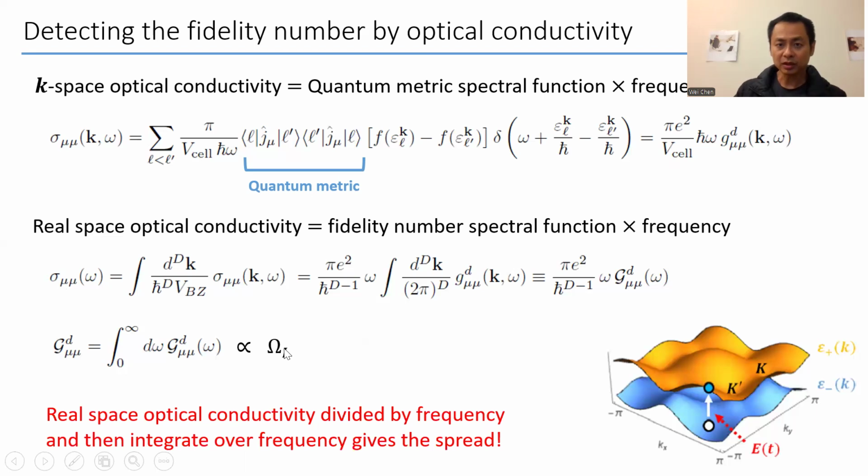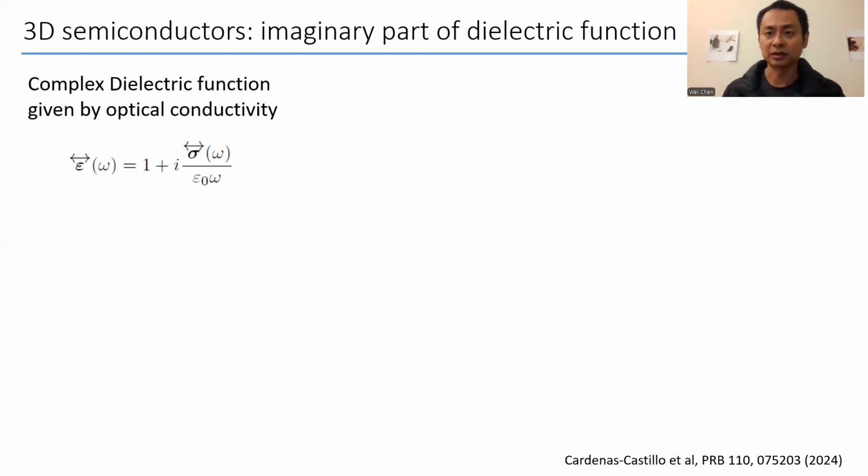Okay. Then you can check any solid state textbook. For three-dimensional semiconductors or insulators, which quantity is directly related to optical conductivity divided by frequency? It turns out there is a very simple one, namely the complex dielectric function, which is given by 1 plus i times exactly what we need, this optical conductivity divided by frequency.